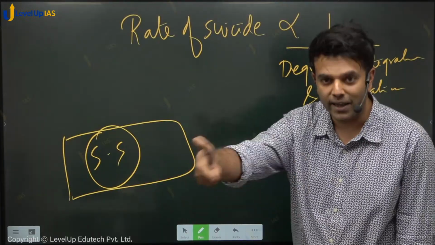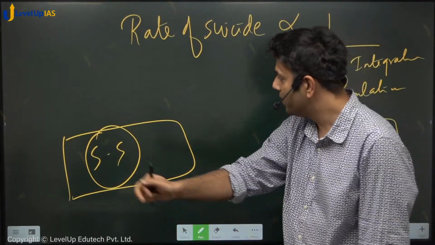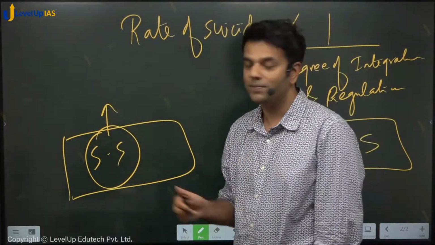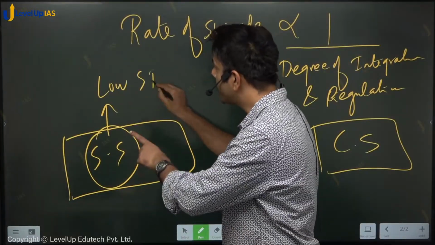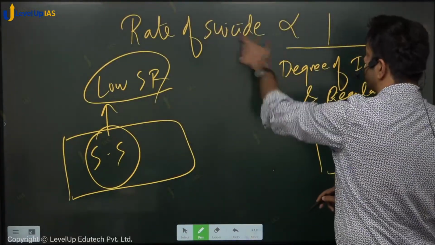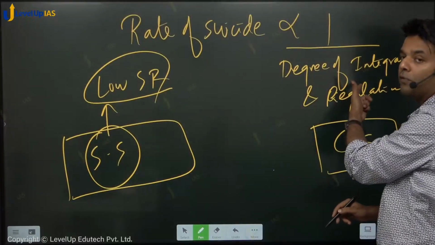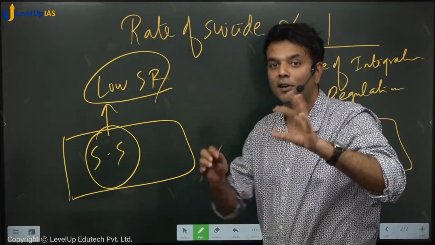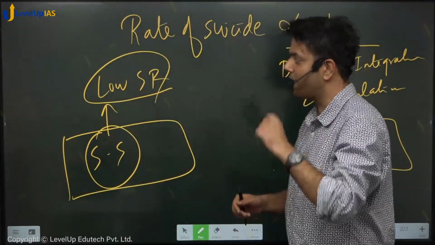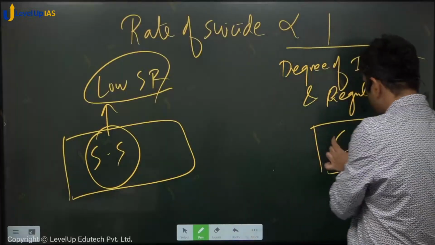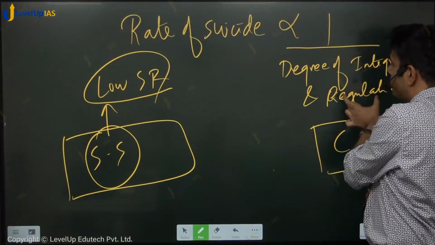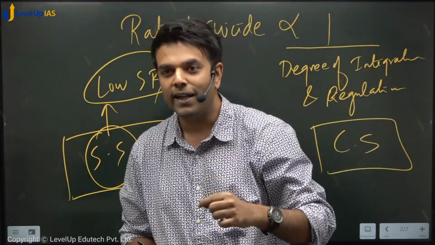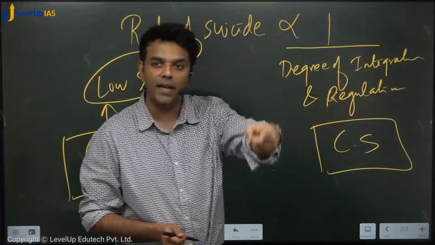Regulation का ये मतलब है यानी basically उन desires के ऊपर control, और इसी वजह से यहाँ पर rate of suicide कम होगा, low, क्योंकि हमने क्या लिखा है, rate of suicide inversely proportional to degree of integration and regulation. अगर high integration और regulation है तो low rate of suicide है, not no suicide but low rate of suicide. Okay, whereas in complex society integration and regulation will be very low, individualism is very high, and that is why rate of suicide will be extremely high.